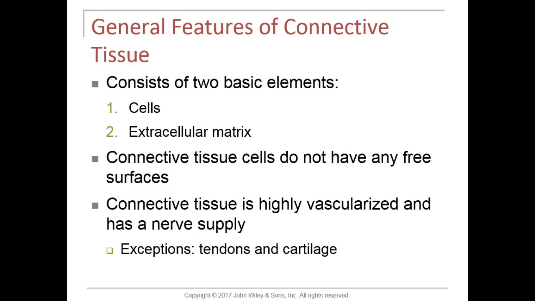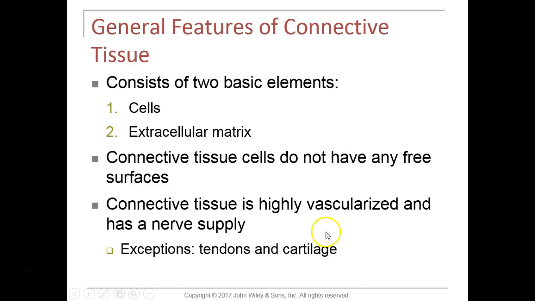So we say they're highly vascularized. That means they have a lot of blood supply running through them, a lot of blood vessels running through them. They also have a large nerve supply that runs through them. In many cases, it's the connective tissue that is the supportive tissue that binds all of these blood vessels and nerves within an underlying tissue.